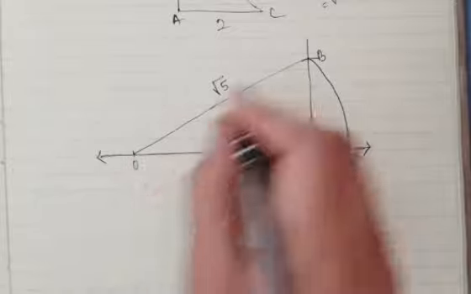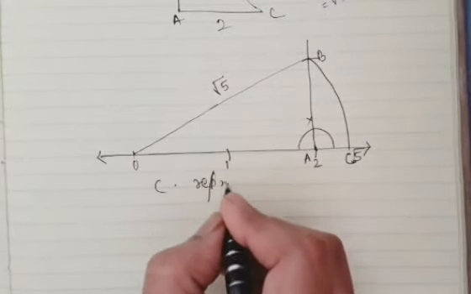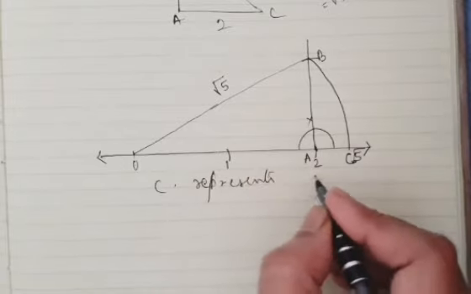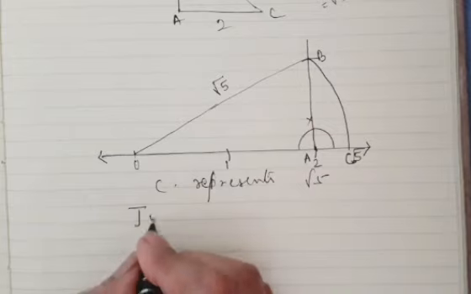So after construction, simply you write C represents root 5. And for your justification part, we can write like this.